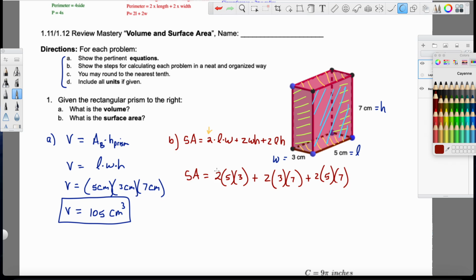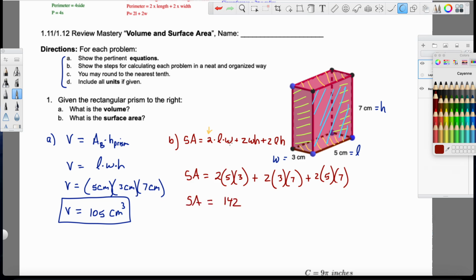I think I'm just going to put it on the calculator. 5 times 3, 15, that's 30, 21's 42, 30 plus 42 plus 35 times 2 is 70, 142. So the surface area of this shape is 142.